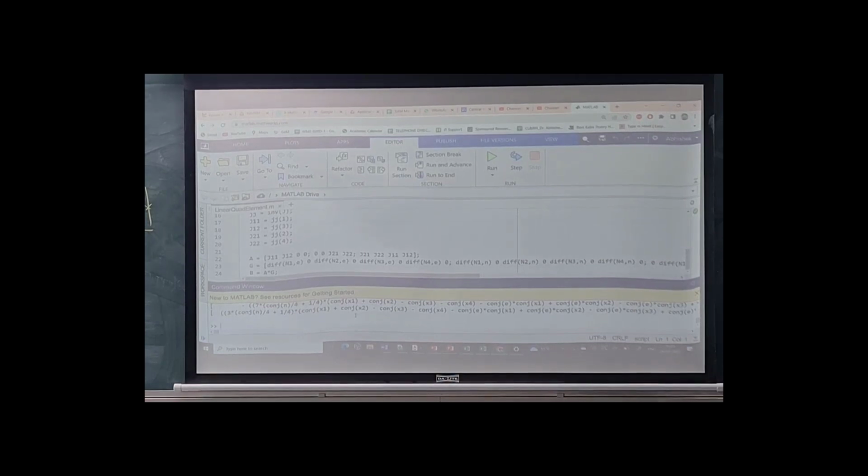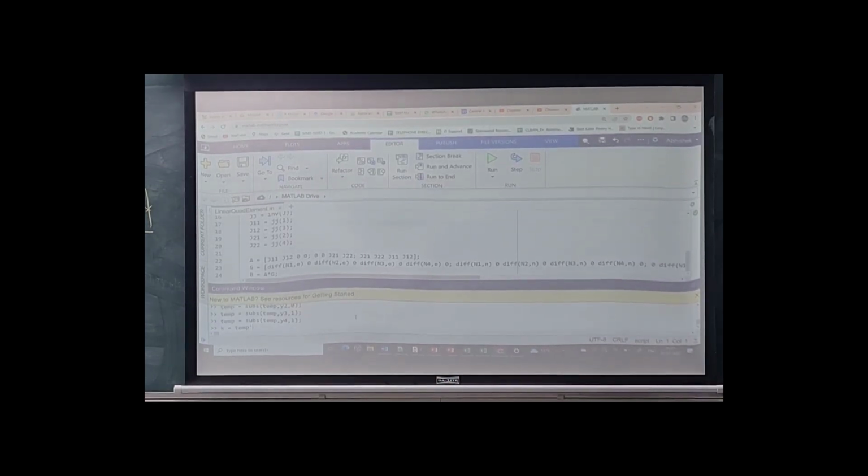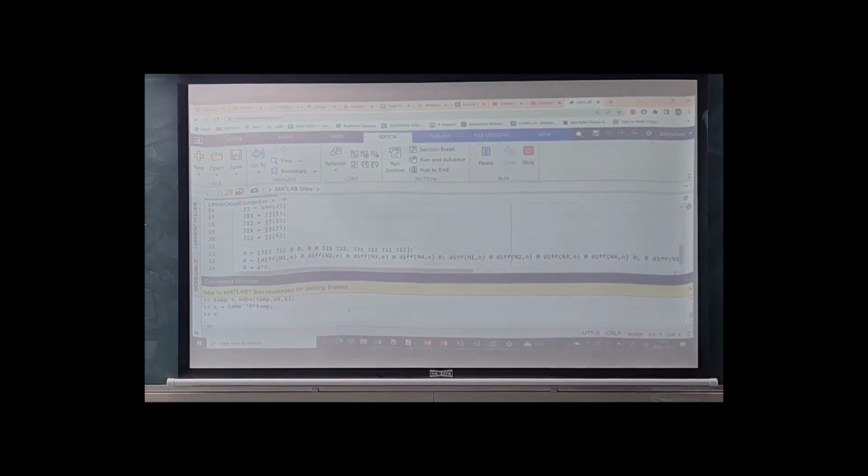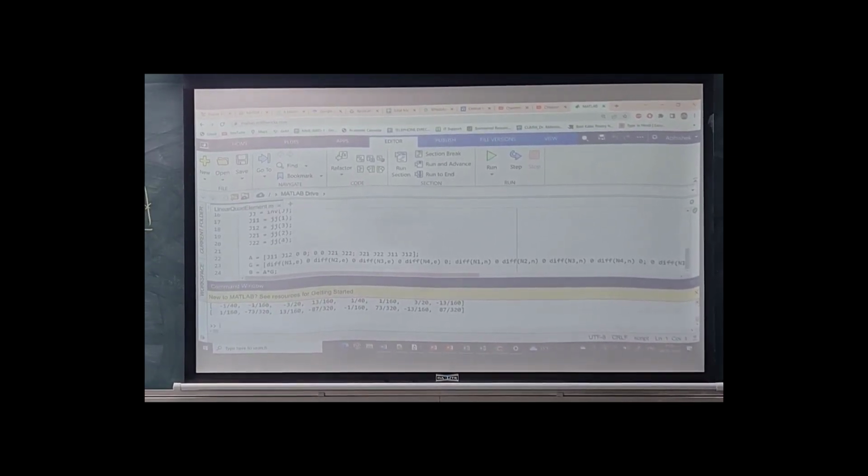Oh, I need to put a value in it. So now what is K? Well, it's not that good of a matrix. Yeah, it's not a good example.